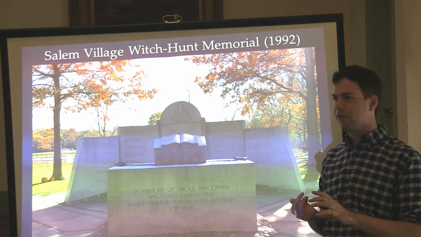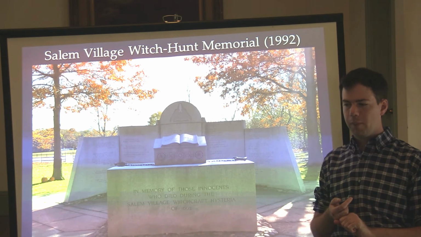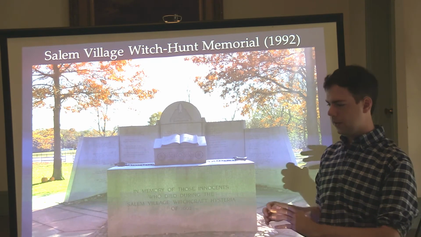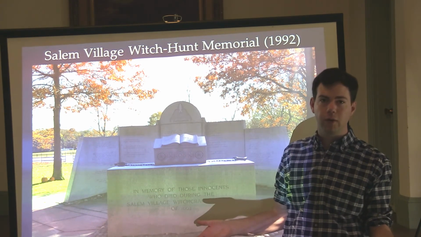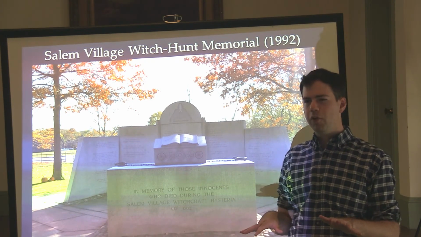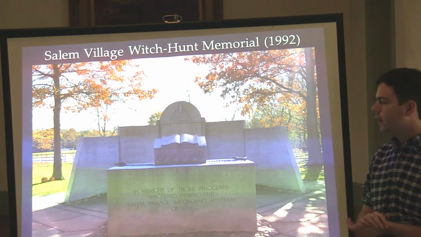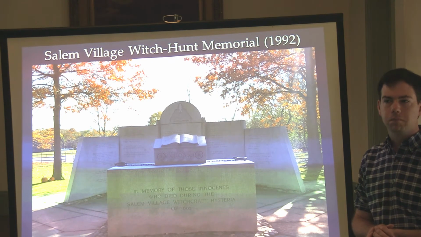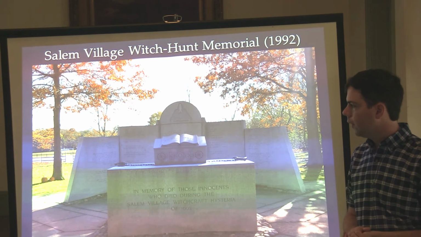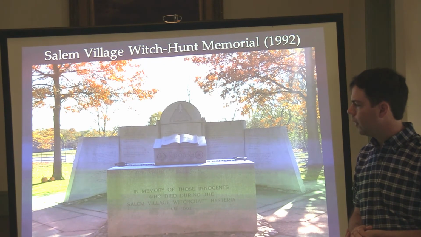In Peabody, right after 1900, they put up a small memorial. It was a boulder with a little plaque to John Proctor, who was executed for witchcraft. So there's a little bit of movement there, but it's not really until 1992 that the community really comes to terms with its really awful heritage from the 17th century.